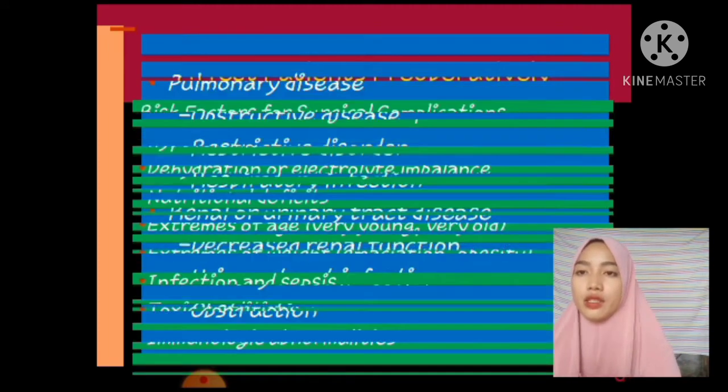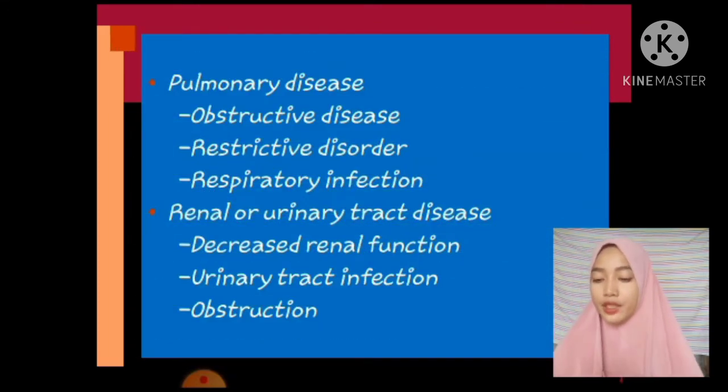So, next is pulmonary disease. It is a type of disease na nakakaapekto sa lungs and other parts of the respiratory system. It includes obstructive disease, lung disease na kung saan nahihirapan mag-exhale or huminga, in other words, shortness of breath.